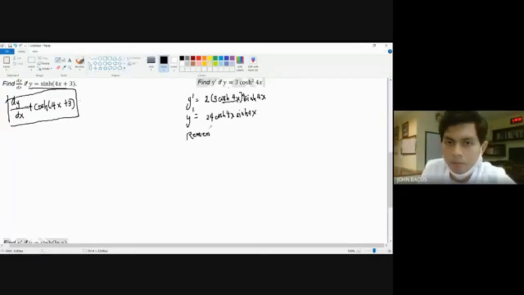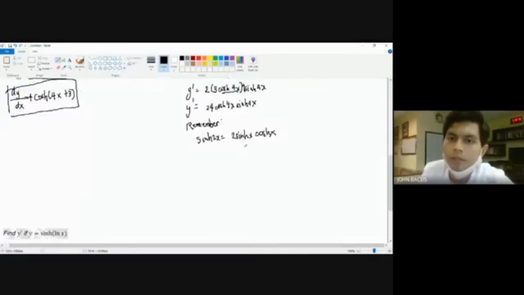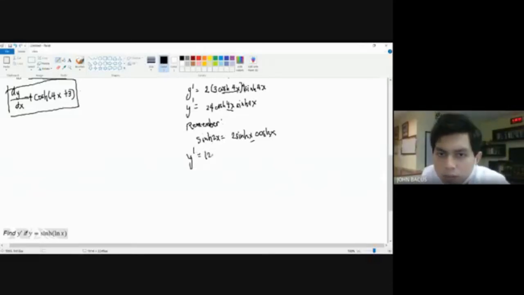Remember the identity, same here, where this is x and this is 4x. So this becomes 12 times 2 cos h 4x sine h 4x.